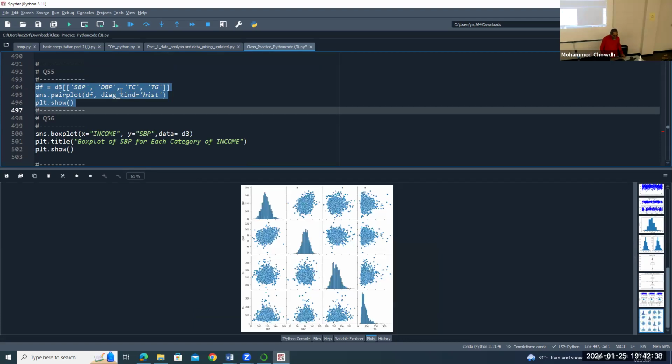How many variables am I taking? SBP, DBP, TC, and TZ. This is the plot SBP versus SBP histogram. This is SBP versus TC. So in this case, I see that one is increasing, another is increasing, right? And here, no pattern. One is increasing, other is increasing or decreasing, no pattern is found.